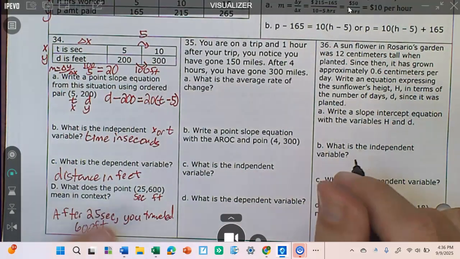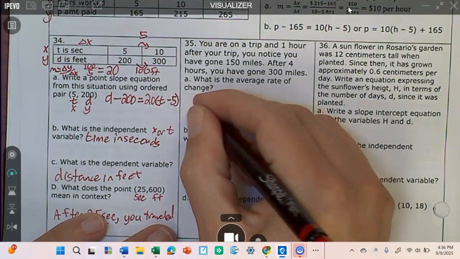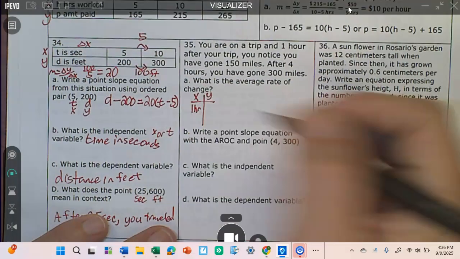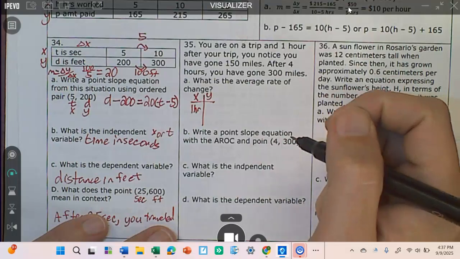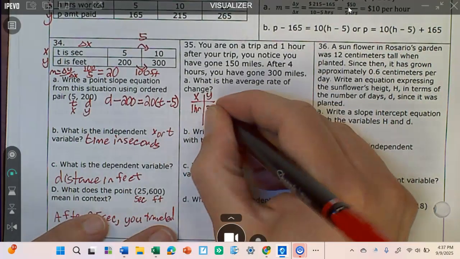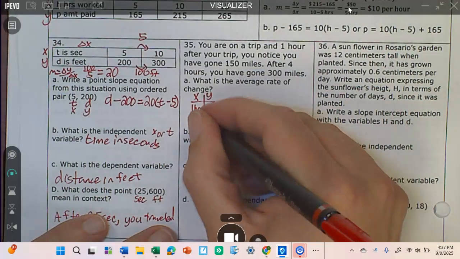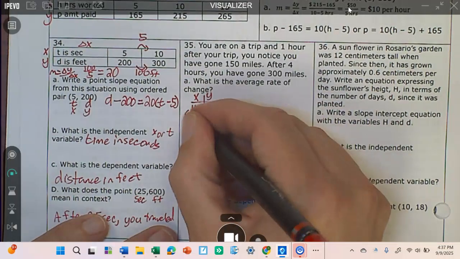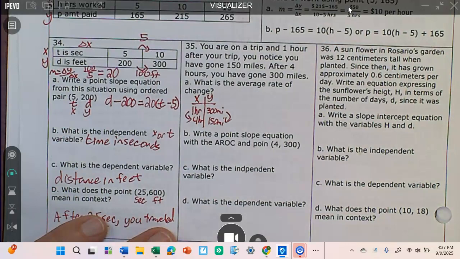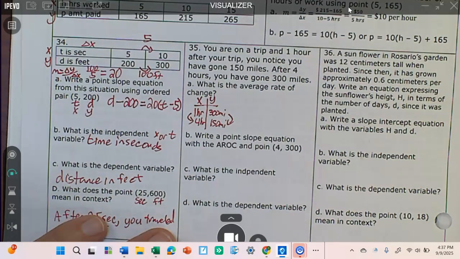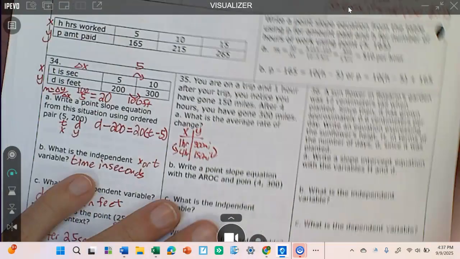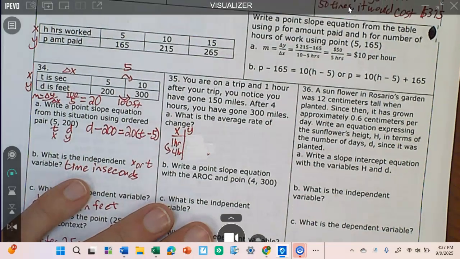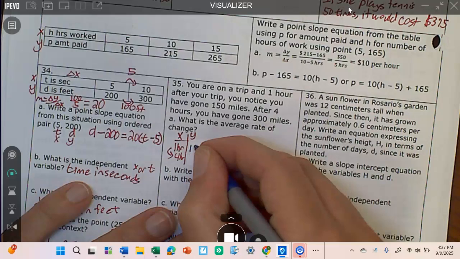Okay, you're on a trip, so let's find rate of change. At 1 hour, you've gone 300 miles. After 4 hours, you've gone 450 miles. Oh, I read that wrong. I'm tired. Taught all day. 150 miles.